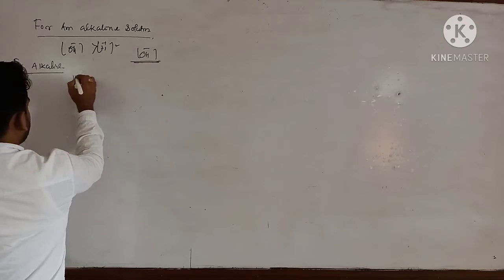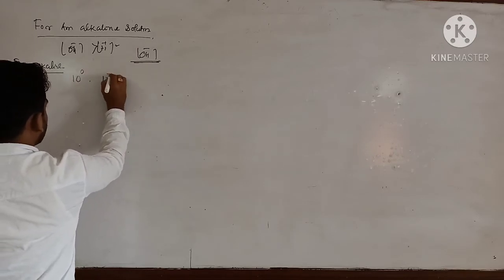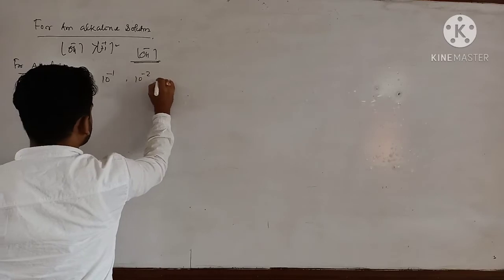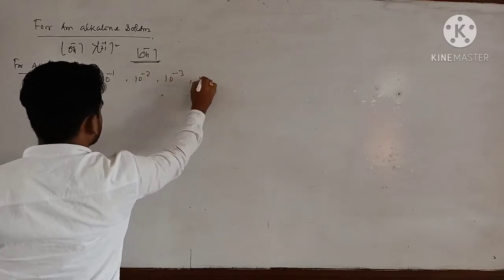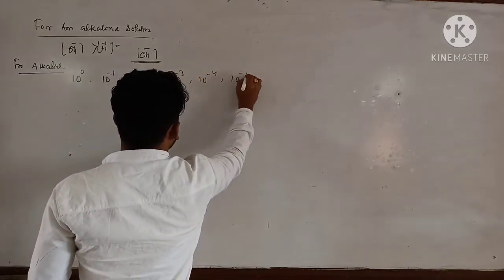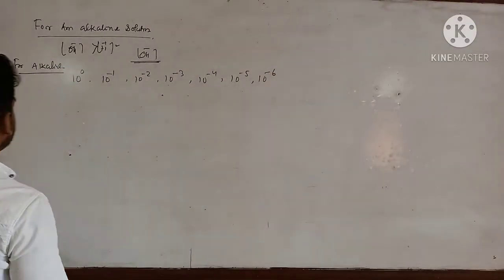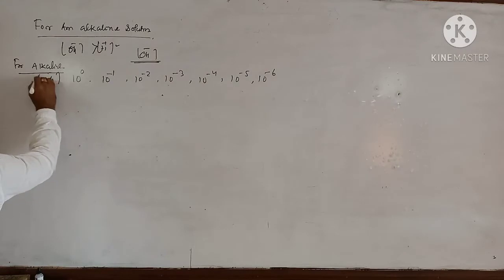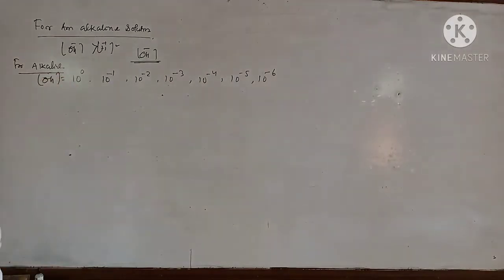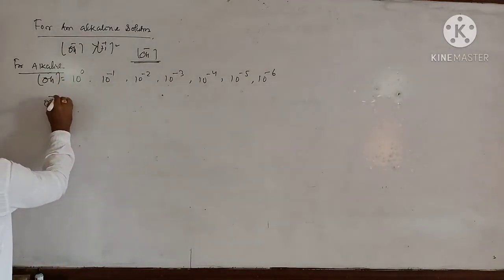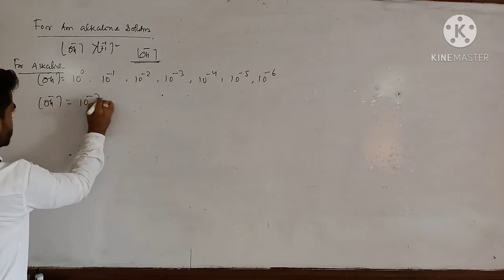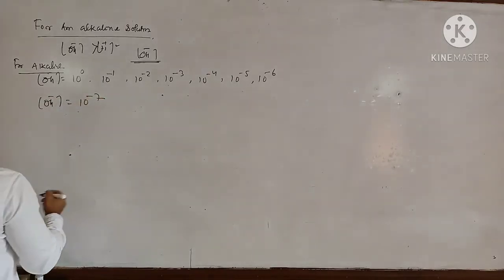That will be 10 to the power 0, 10 to the power minus 1, 10 to the power minus 2, 10 to the power minus 3, 10 to the power minus 4, 10 to the power minus 5, 10 to the power minus 6. So that should be the concentration of OH minus. Clear? And if the OH minus concentration becomes equal to 10 to the power minus 7, then the solution is neutral.